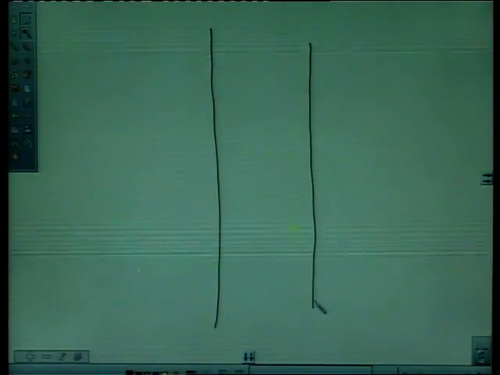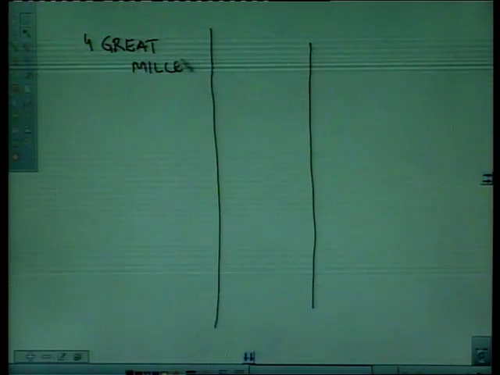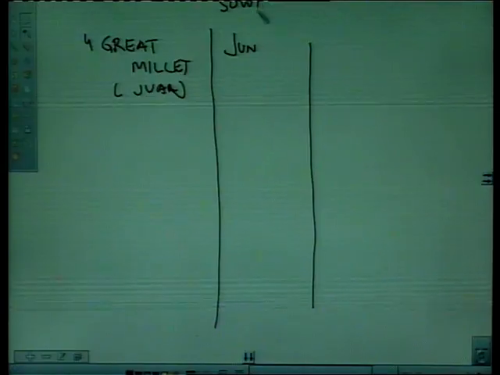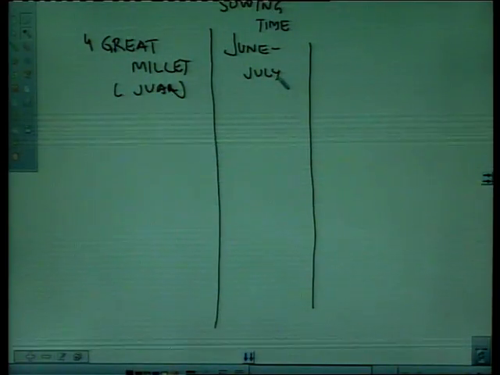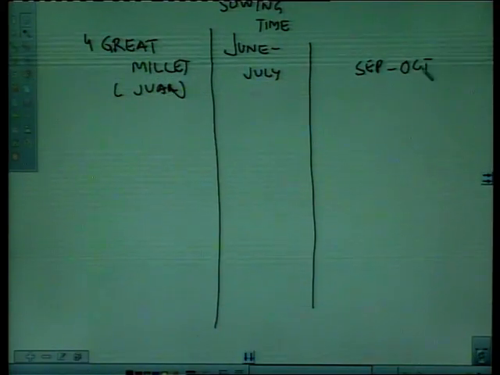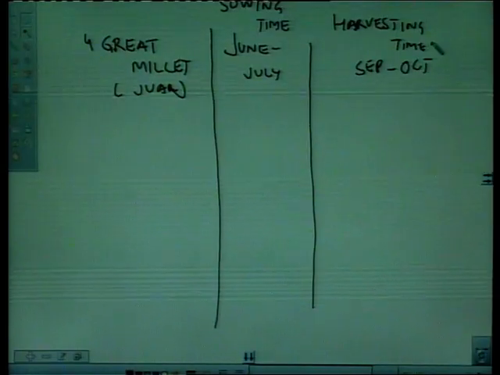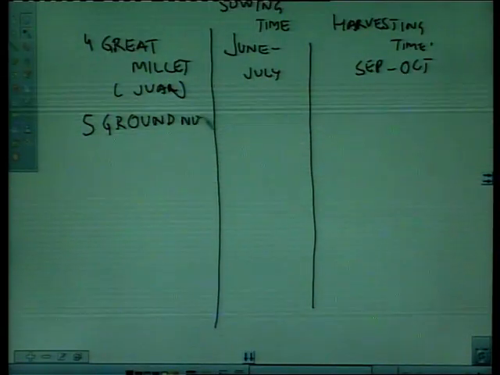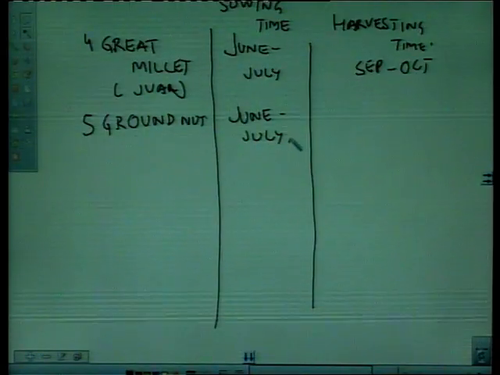Then other crops follow: great millet, jowar, June, July sowing time and harvesting time September, October. Then groundnut. These are all kharif crops. June, July is sowing time and September, October is harvesting time.